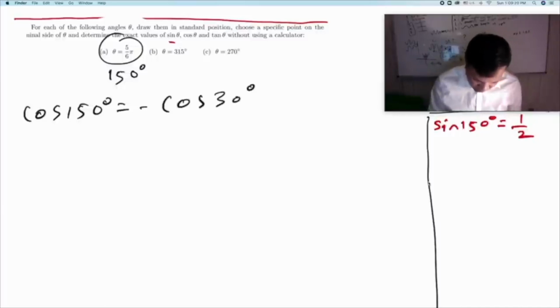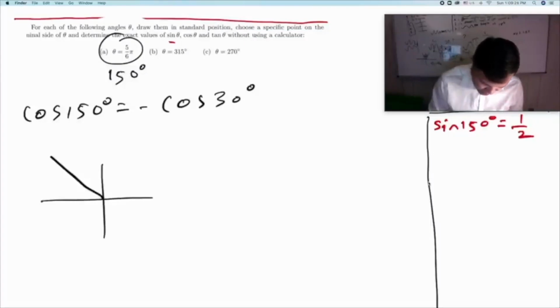Let's take it to the second quadrant. So this is 30. If this is 30, this is 1, this is square root of 3, and this is 2. So what do we know about the cosine? Cosine is negative in the second quadrant, and sine is positive in the second quadrant. So it has to be a negative x over r.